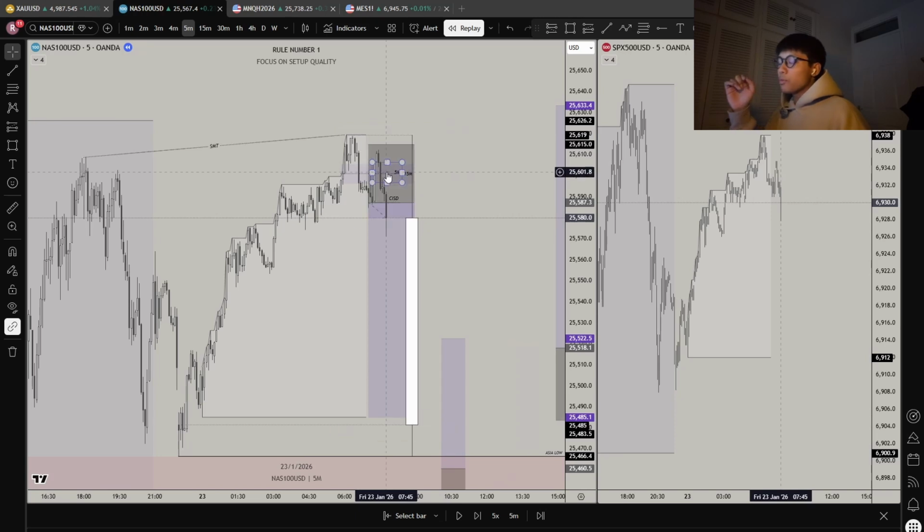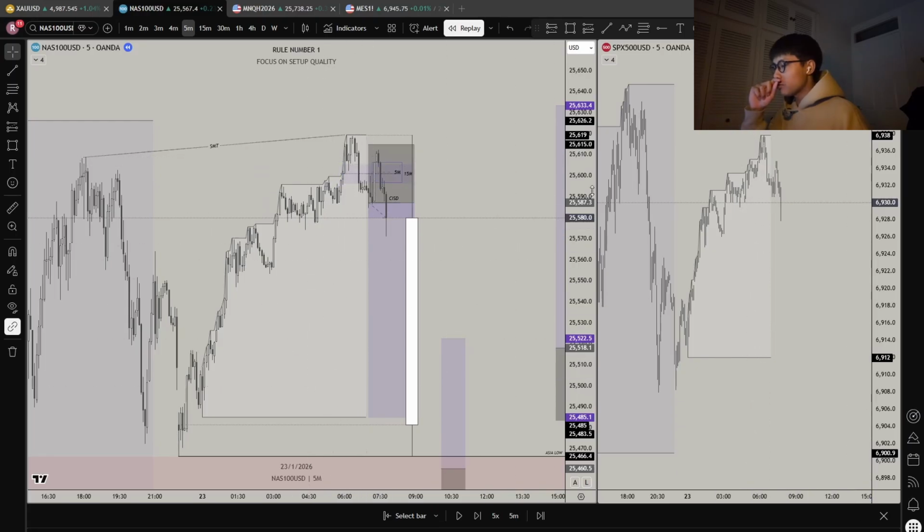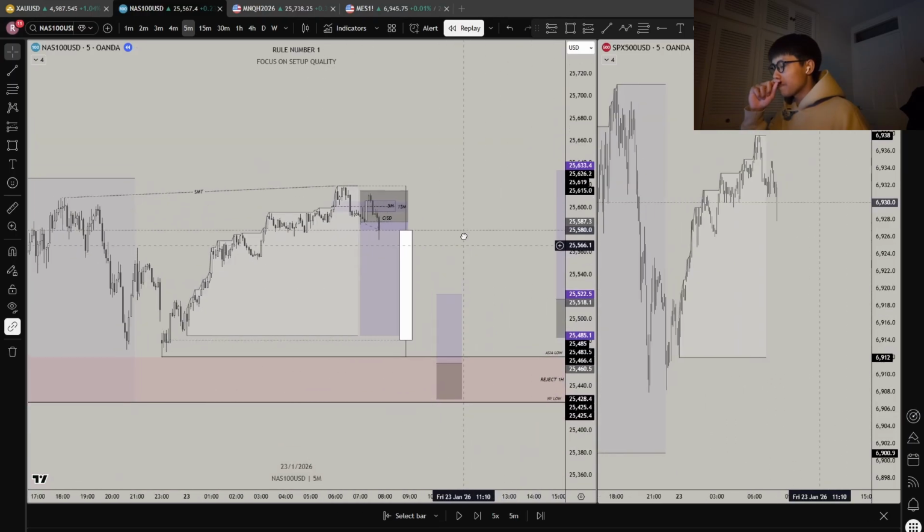Which you guys might ask, why, since this is a bullish SMT, why did I take sells? Honestly, the reason was because the setup in itself, the entry model in itself was incredibly nice, and we had nice draws on liquidity to the downside as well.